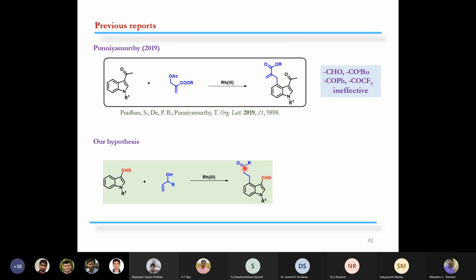And if two carbonyls are there in the same molecule, it can undergo intramolecular aldol condensation, so that we can get the tricyclic moiety, which is found in some alkaloid derivatives.